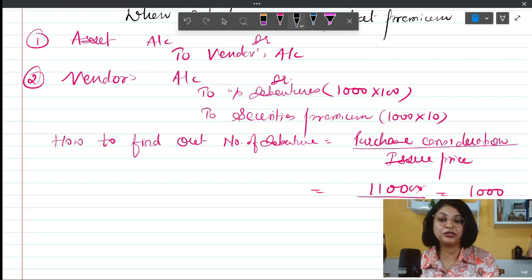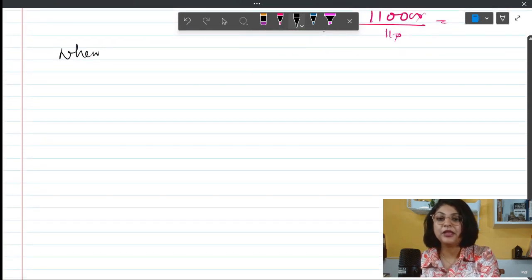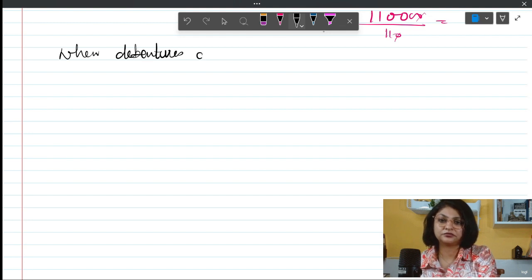Now let us see another case when debentures are issued at discount. Means you are issuing the debentures at discount to the vendor of machinery. So in that case, how are we going to pass the entry? When debentures are issued at discount, again, the first entry will remain the same.